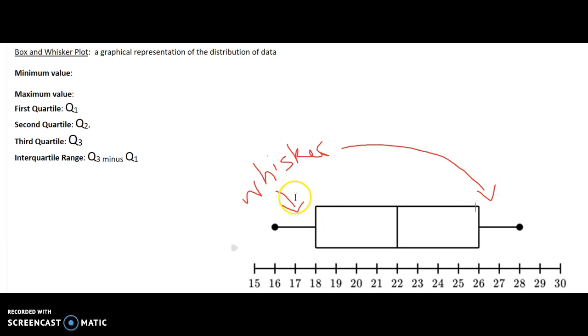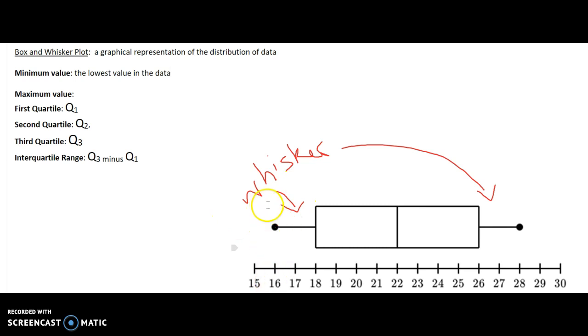And each of these points in the box represent different things. The very first point we see right here is the minimum value. It's going to be the lowest value in the data. So if I were you, I would draw this box and whisker plot, and I would label this point right here the minimum value.